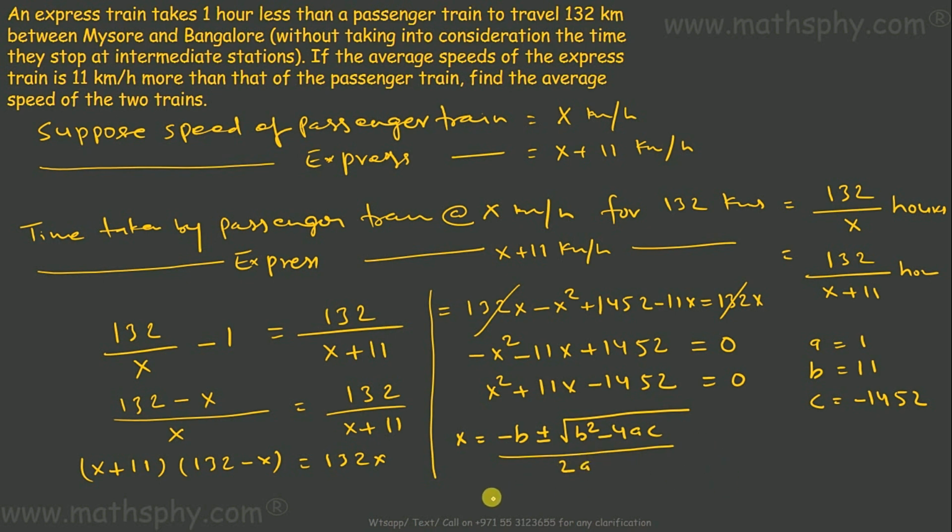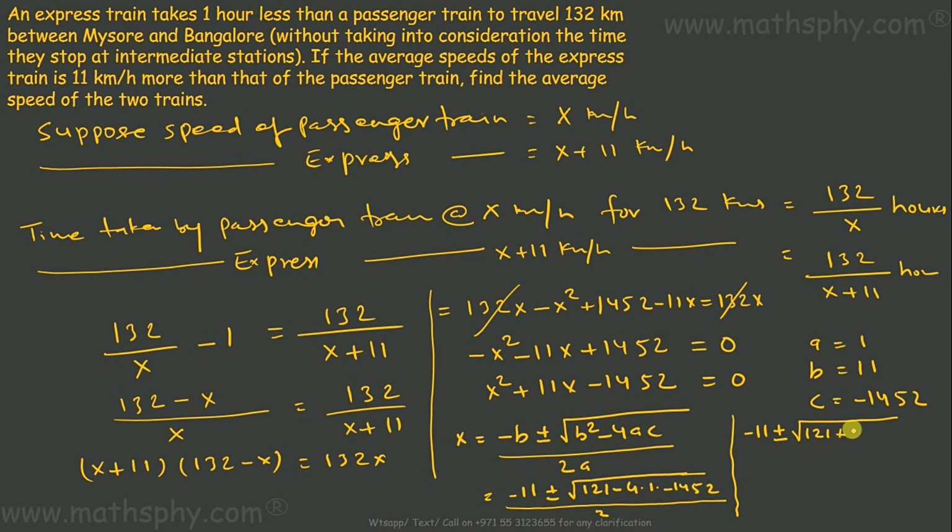So this will be minus b is 11, so minus 11 plus minus root b square means 11 square, 121, minus 4ac means 4 into 1 into negative 1452 over 2a. A is 1, so this will be 2. So it will be negative 11 plus minus 121 plus 1452 into 4.